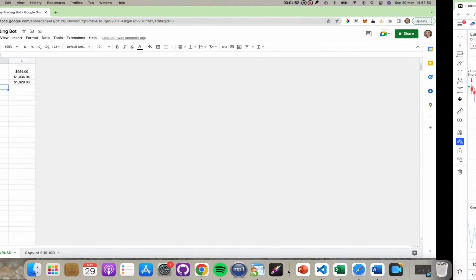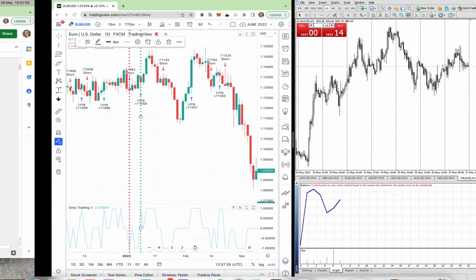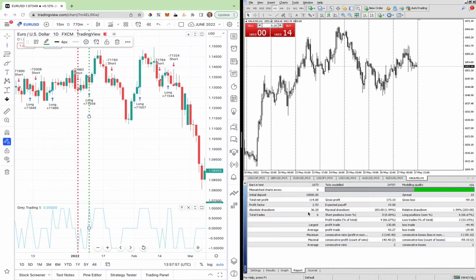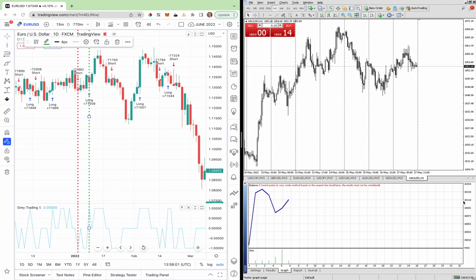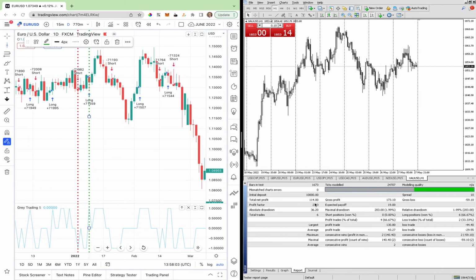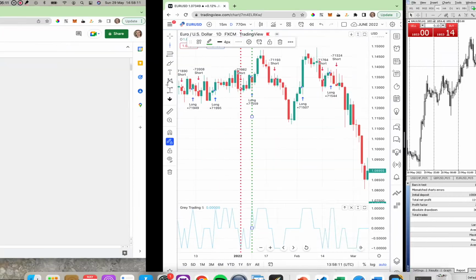It's made 114. I'm looking for this number here, the total net profit. You can see it on the graph as well roughly, but that total net profit is the number we're looking at there. So the next trade now is the 14th of February to the 17th.